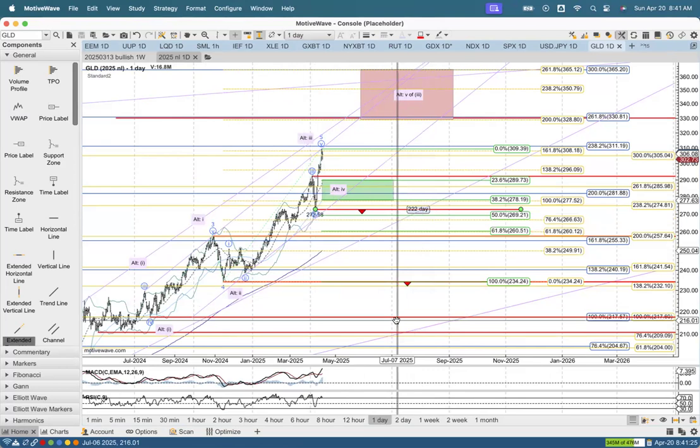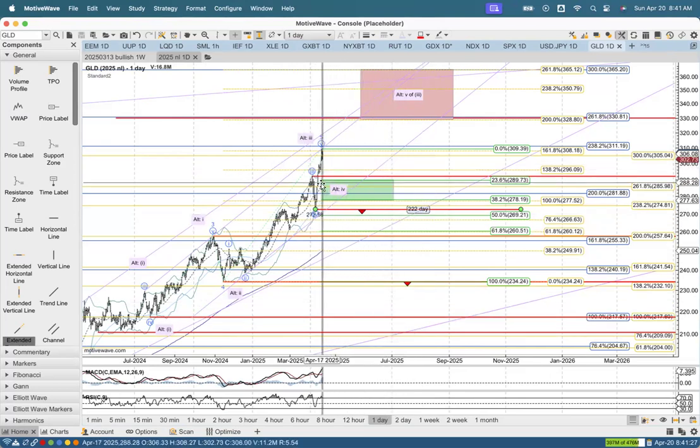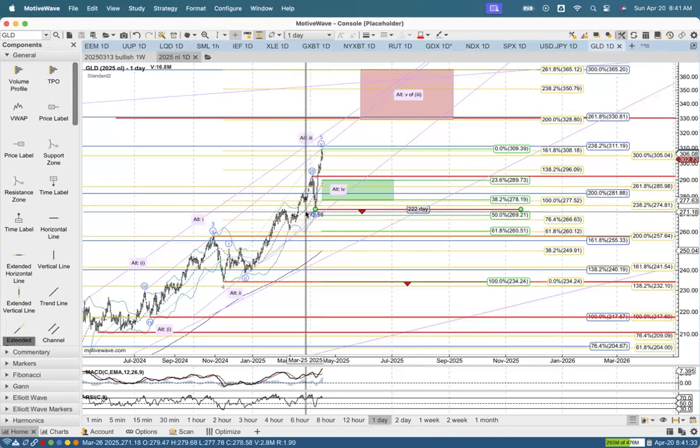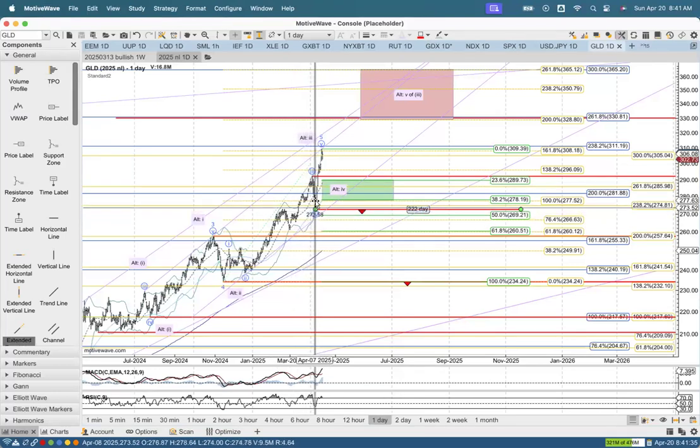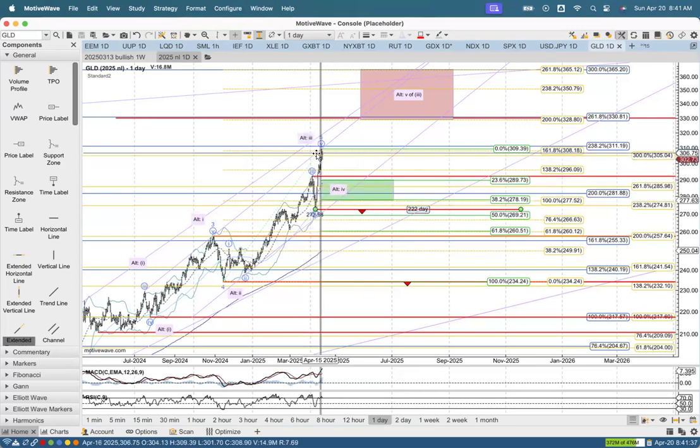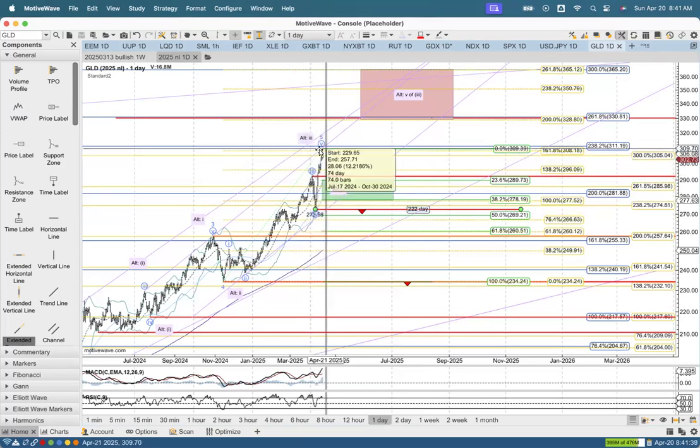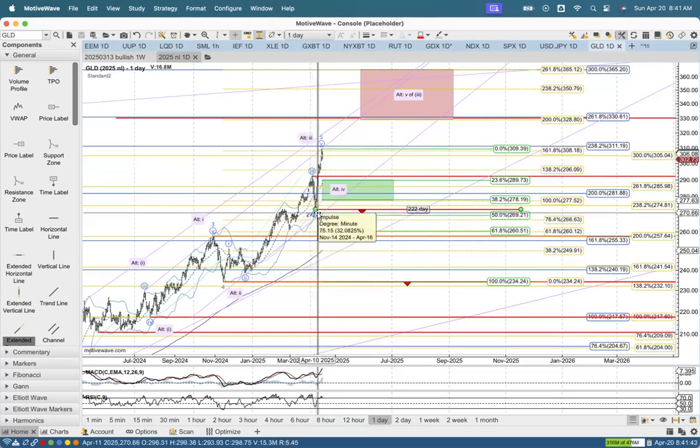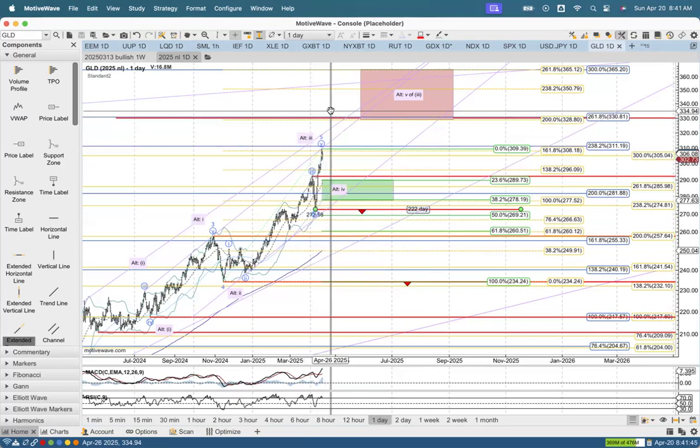The bullish path here would be that, based on the smaller degree work that I do in the daily service, I do see the immediate rally off of the April low as nearing completion. So I do not see GLD just continuing extending directly past 330.